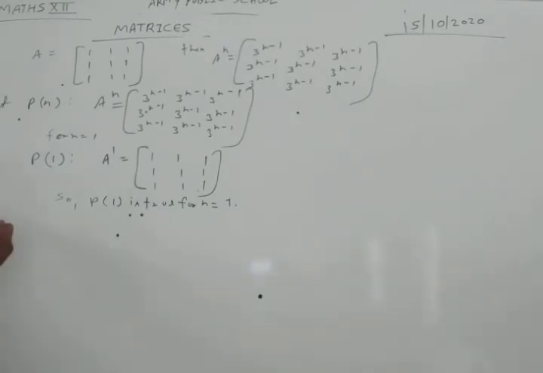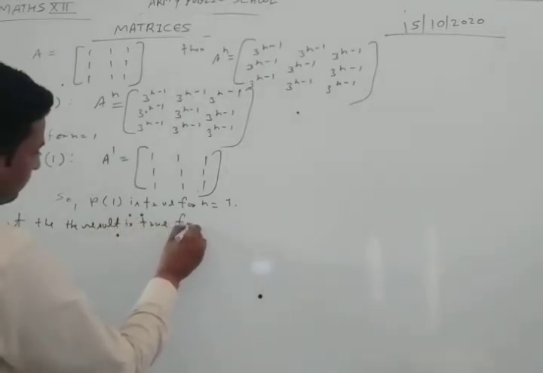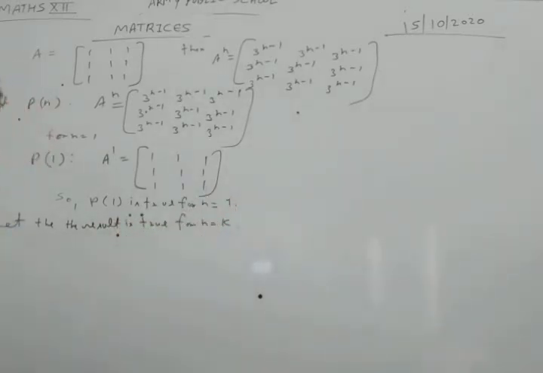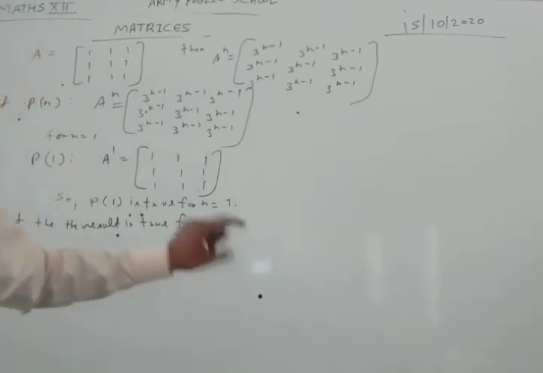Now let the result be true for n is equal to k. Now we will take the result is true for n is equal to k.